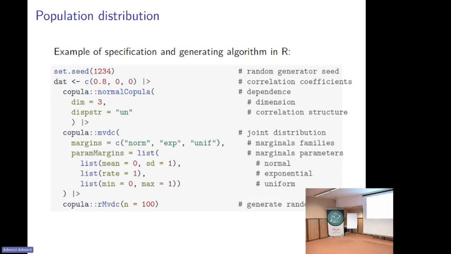I use R as a software tool for all the calculation, and in this programming language, the generating or construction of the distribution, and then choosing the generating option, looks like this, and I use the copula package, which is perhaps the most used one in this ecosystem.